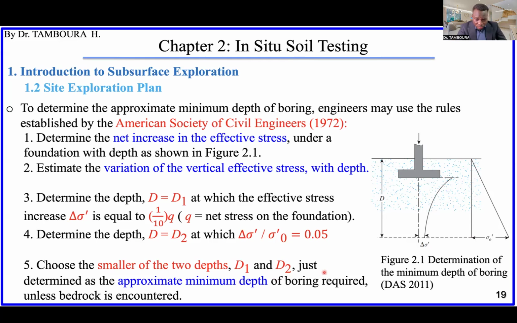So it just determines the approximate minimum depth of the borings required, unless the bedrock exists somewhere. If you don't have the bedrock, you have to do this kind of calculation. If there is bedrock somewhere, then you go 3 meters deep into this bedrock.